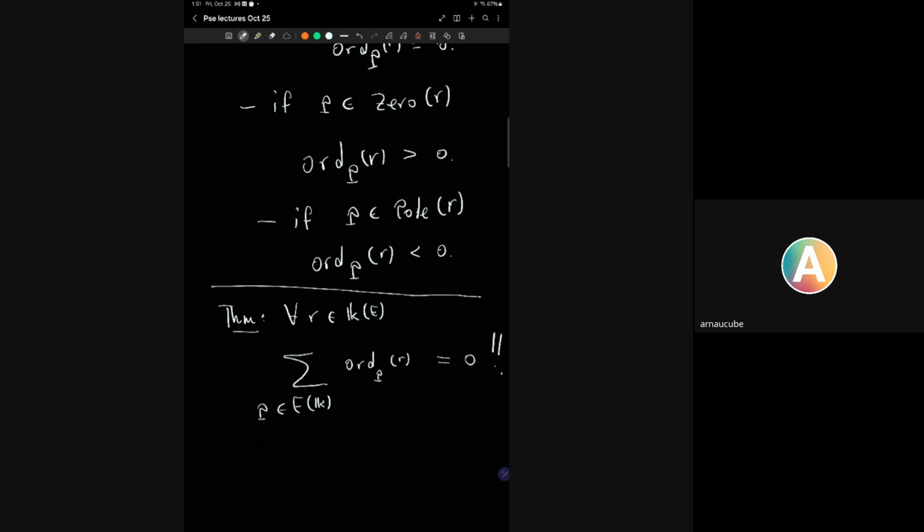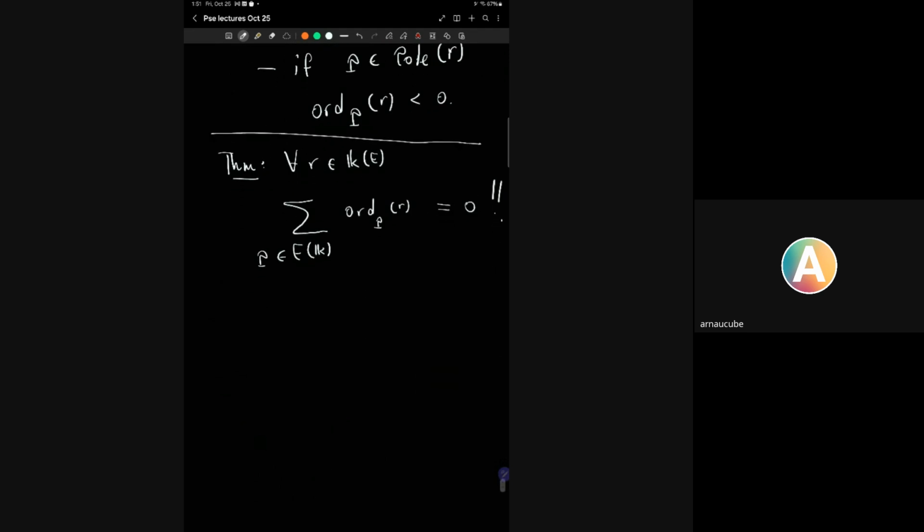This will eventually be one of the pillars that we use in order to construct the Weil pairing and so on. But to show this, you can first go to polynomials over, let's say, a stepping stone.